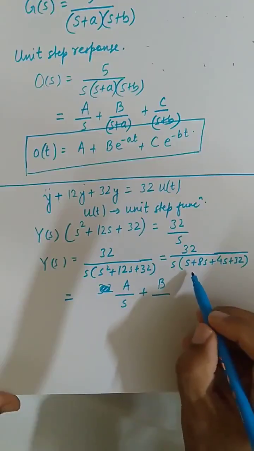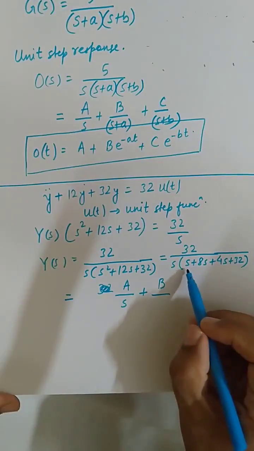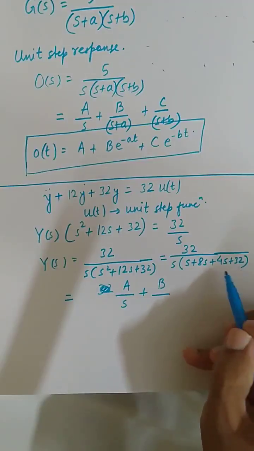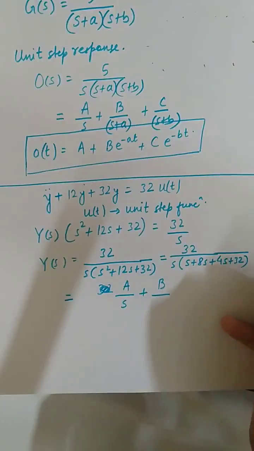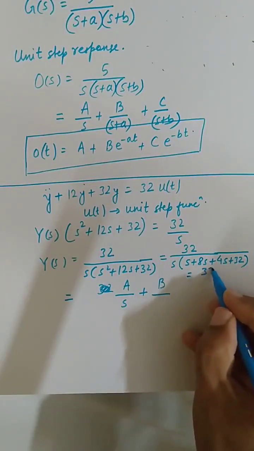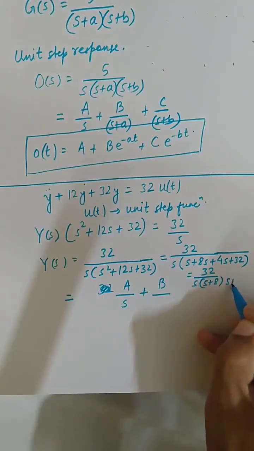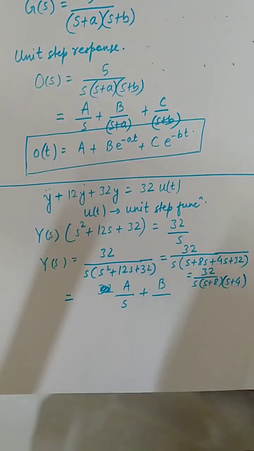So this is actually, if I take 4 common, s plus 8 will be common, so (s plus 8)(s plus 4), right? So this is equal to 32 upon s into (s plus 8)(s plus 4), right?